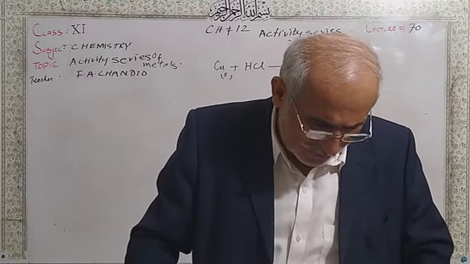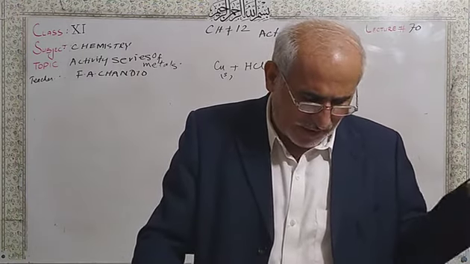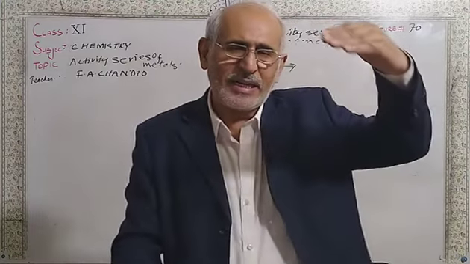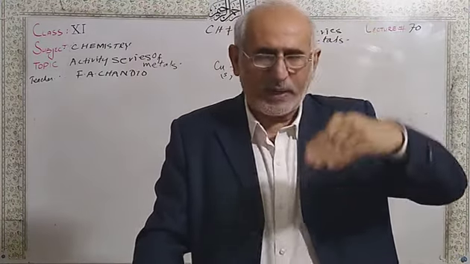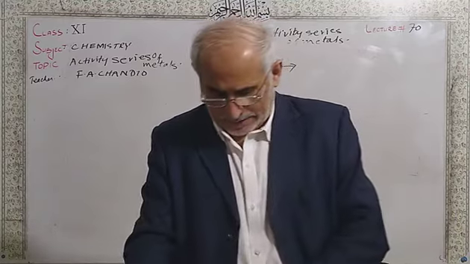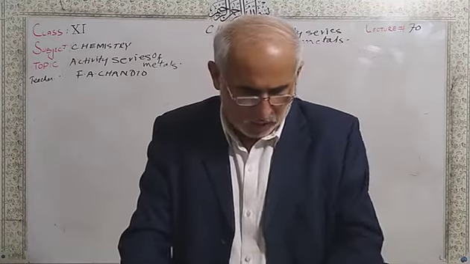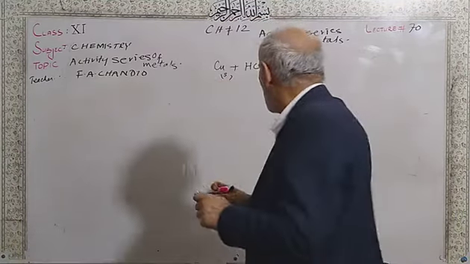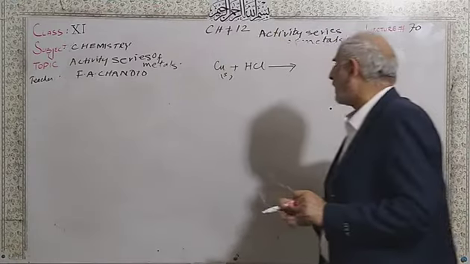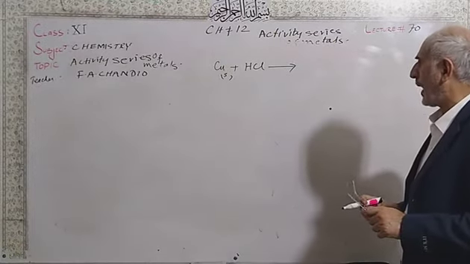Hydrogen is in the moderately active metals group along with the metals. So hydrogen is above and the copper is below. That is why this chemical reaction will not happen.